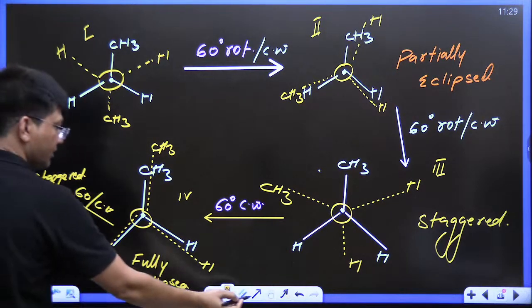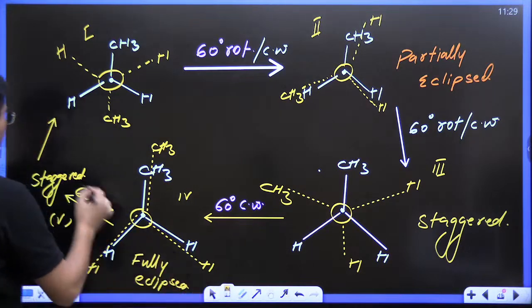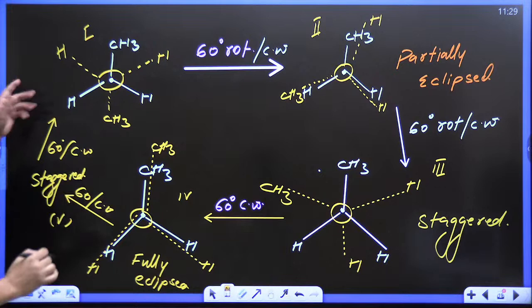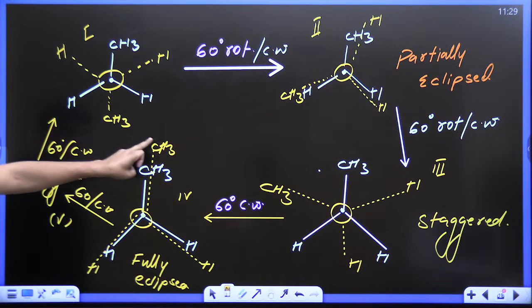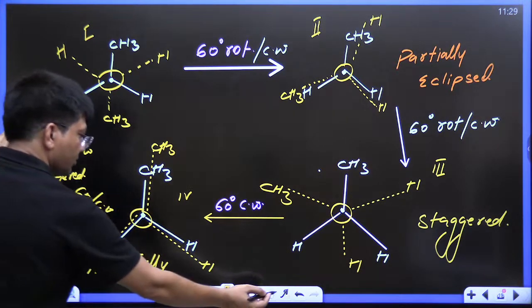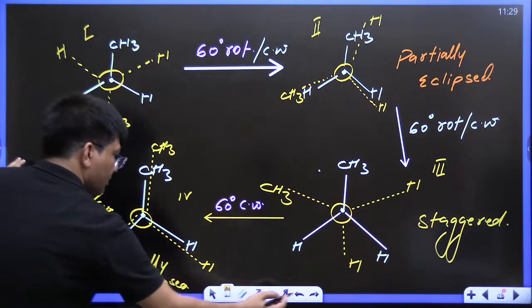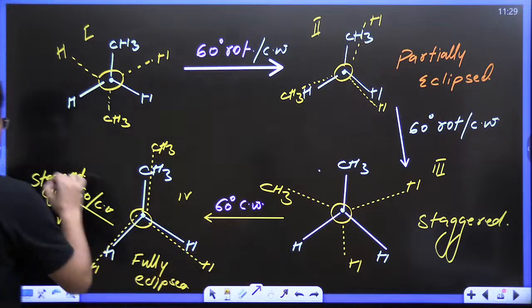And then once again a 60-degree rotation, you are going to get the same structure or not? 60-degree clockwise rotation. Am I right or not, kids? No, partially eclipsed, it will not be like that. We are going to get partially eclipsed. See, kids, here at 60 degrees, we are going to get partially eclipsed.